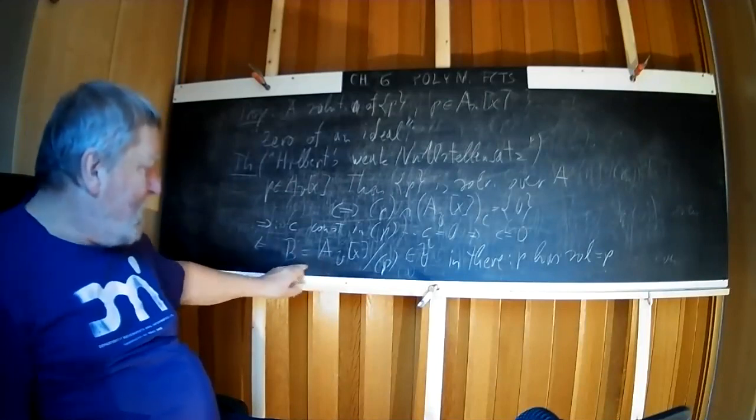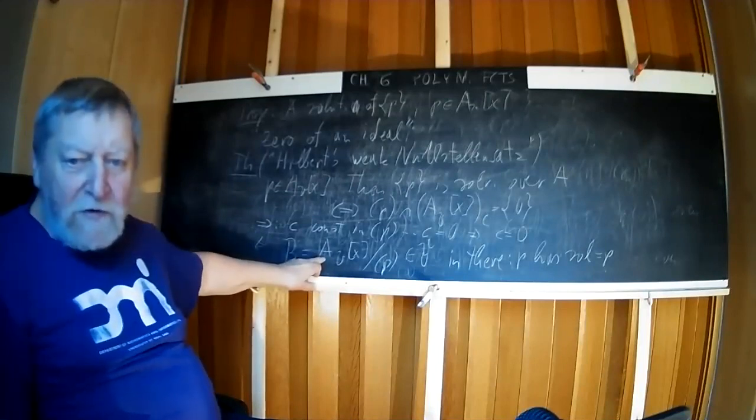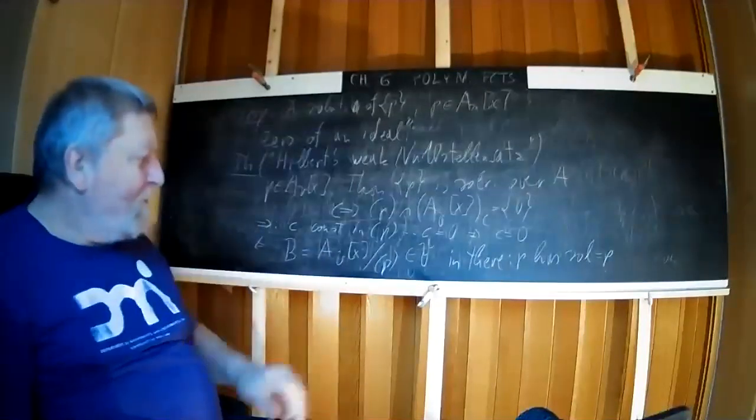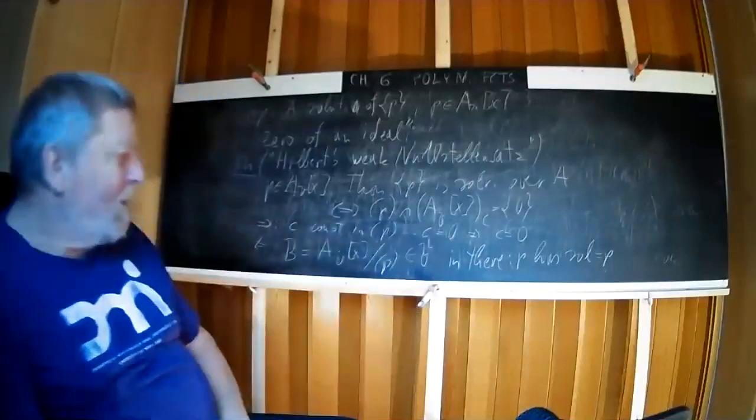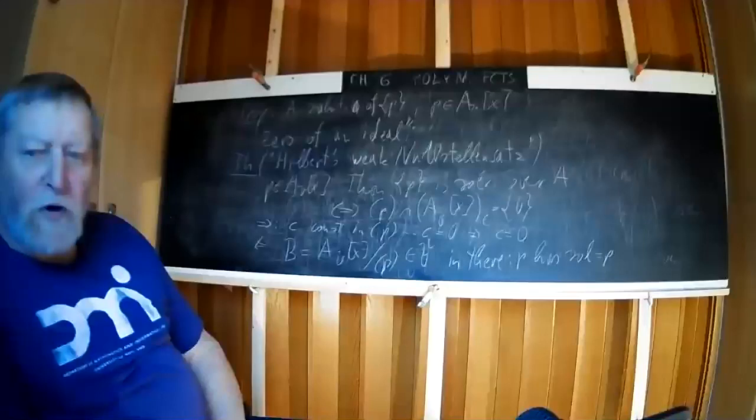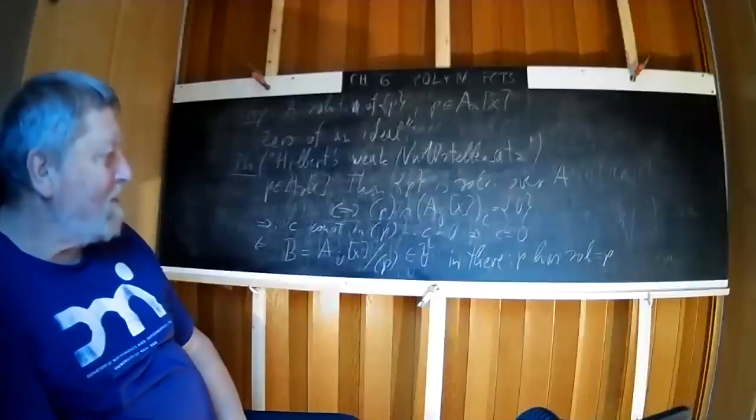And so this would not be an extension of A anymore. That's the main thing why we need this condition here, that the only constant in the ideal generated by P is 0.